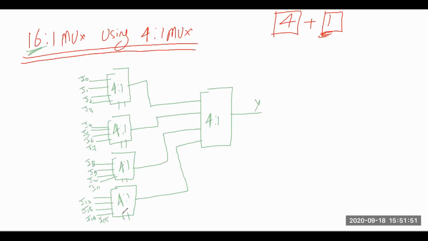Okay. And these select pins, if you analyze in a similar way from the truth table, this will be your S1, this will be your S0, and this will be your S3, and this will be your S2. Okay. So in this way, you can design a 16:1 multiplexer. Okay. And the same logic you can implement for any circuit wherever you are getting one.